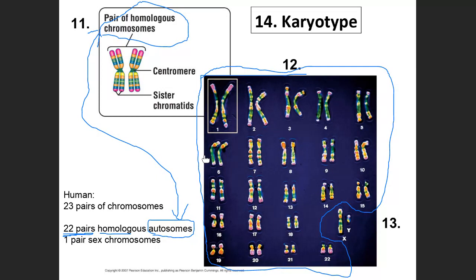Listen carefully. What scientists discovered is that what you can't see in a karyotype is the genetic information. Not only are these homologous chromosomes homologous based on their length, where the centromere is located, and the staining pattern, but they're also homologous in regards to the genetic information they're carrying.